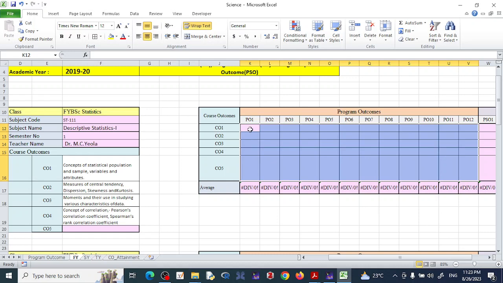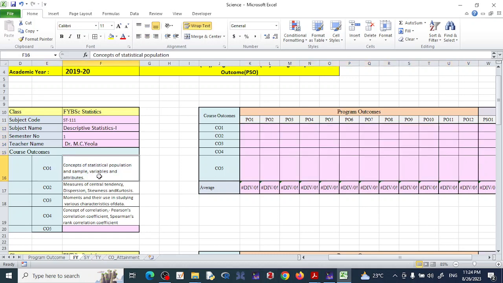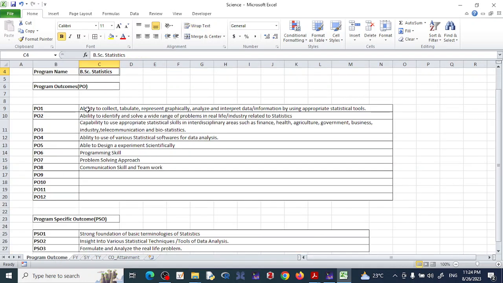Now, how to specify these numbers? Consider CO1. CO1 is, in this case, suppose, concept of statistical population, sample, variable and attributes, and program outcome 1 is ability to collect, tabulate, represent, graphically analyze data information using appropriate statistical tool.